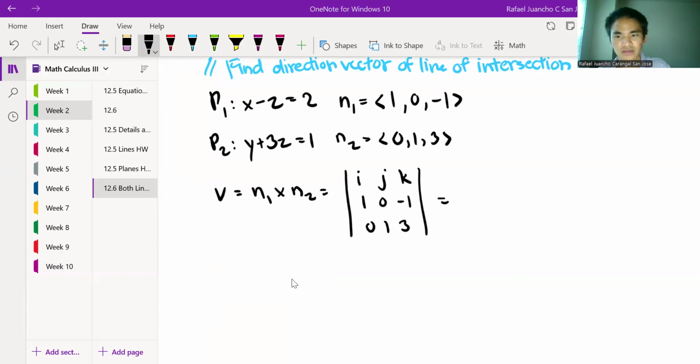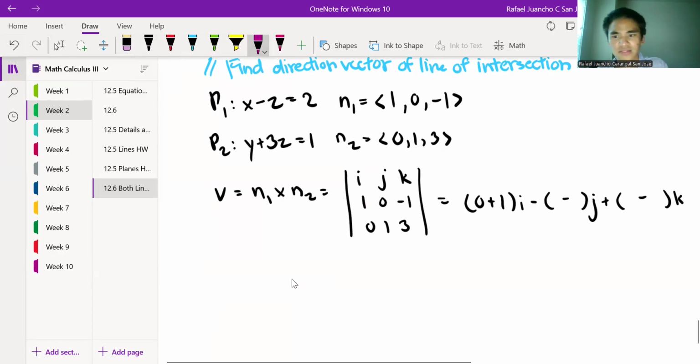And we can get i, j, k. Now we can cancel out some stuff. So this is for i, 0, negative 1, so this is plus 1, right? Next, we can take out all the j's. So we got 3 minus 1... That's 0.